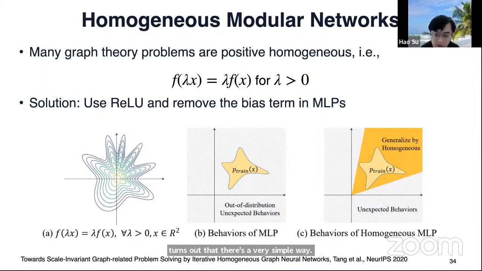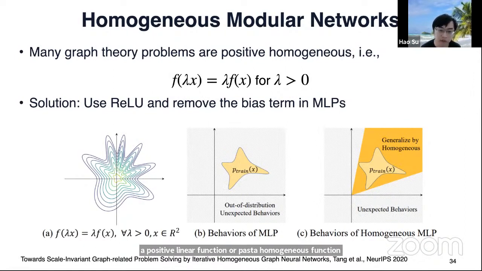Think about the MLPs or CNNs that we use every day. These networks basically have a structure composed of linear layers and ReLU layers. But the linear layers are actually affine layers, right? There's a bias term that is not 0. Now, further inspection shows that ReLU itself is a positive homogeneous function.